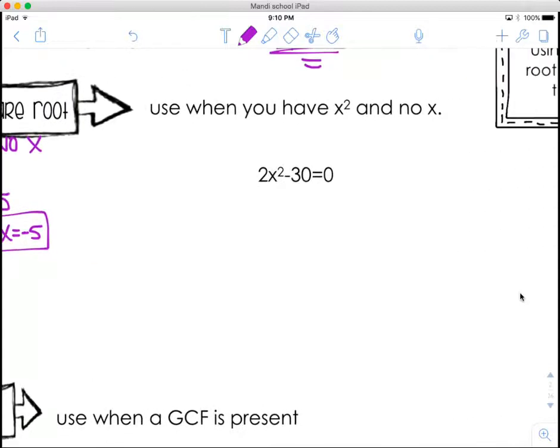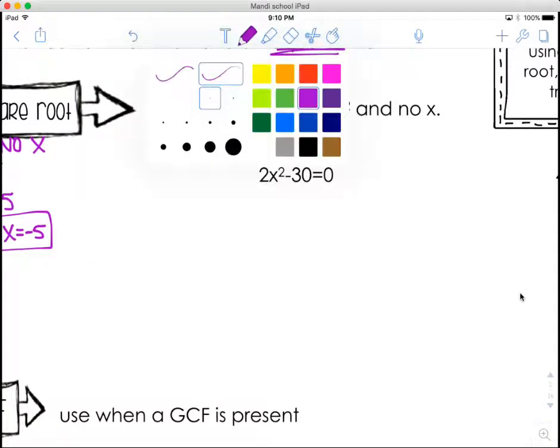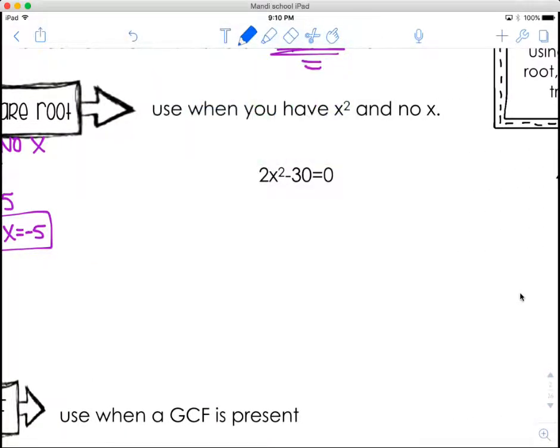So if you look at the next one, it's not solved for 0, but it still only has an x squared, no x. So we add 30 to both sides. 2x squared equals 30. Then we divide by 2, so we still need to get the x squared all alone.